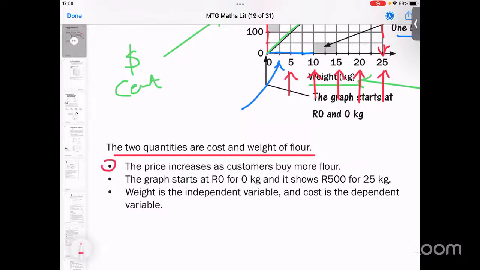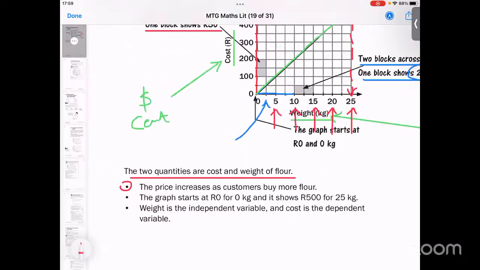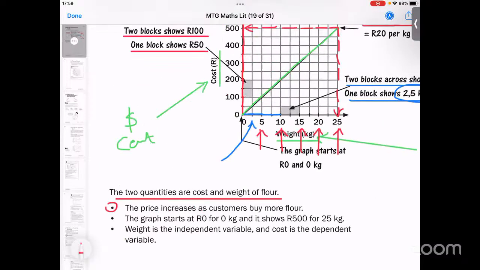So the price increases as the customers buy more flour. Yes, based on that graph, we can see that it actually starts from 0, and then from there it goes in an upward direction. Okay, then it's fine.